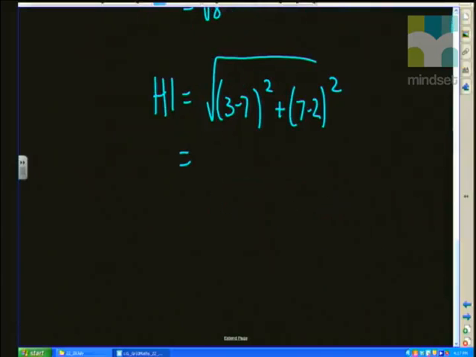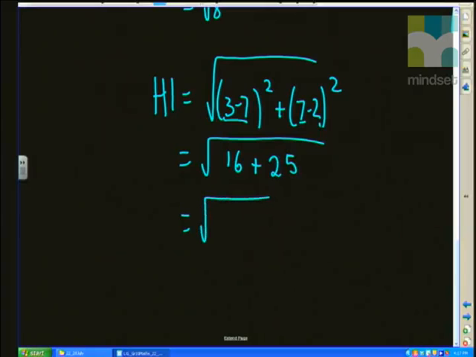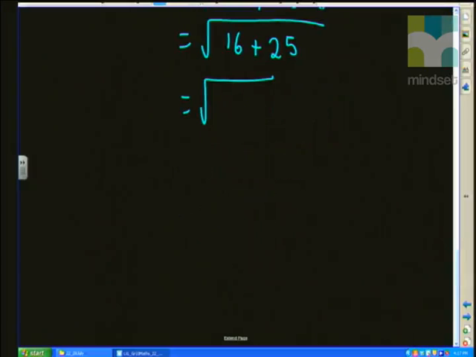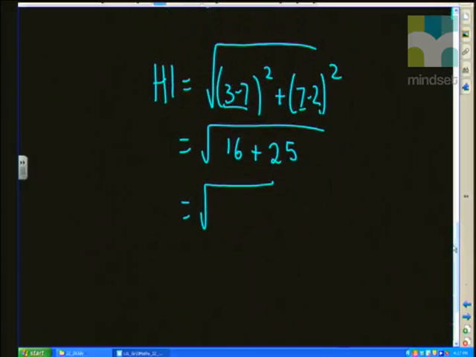Okay, so that's the distance between those 2 points squared, and this is going to be the root of 3 minus 7 is 4, 4 squared is 16, plus 7 minus 2 is 5, 5 squared is 25. And because I'm doing all of this in my head, there is quite a huge possibility that I might add up incorrectly, and hopefully it's keeping you guys on your toes and you're awake and you're checking and making sure that I'm not making any silly mistakes. So this is going to give me 6 and 5, that's 11, carry 1, that's going to be 41.